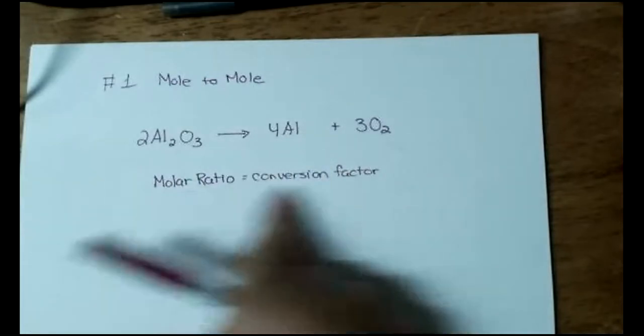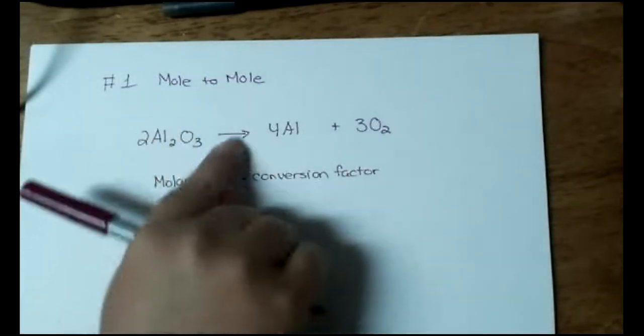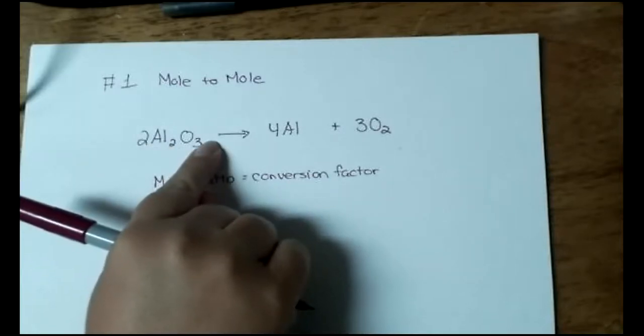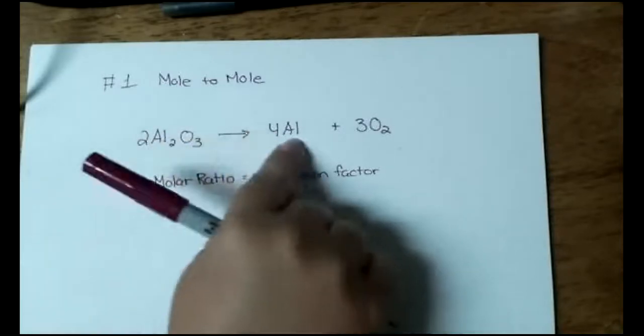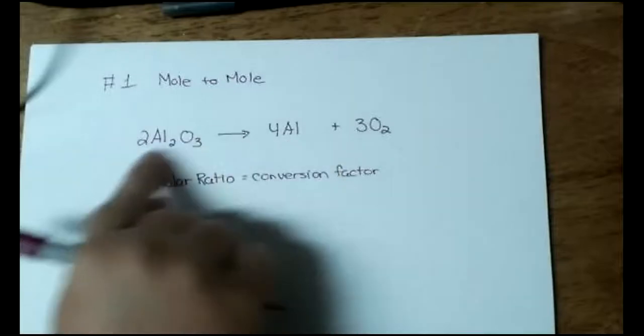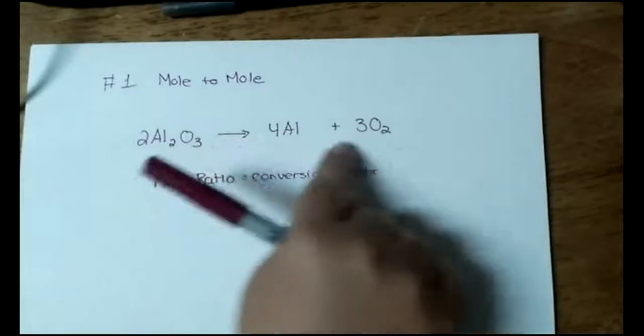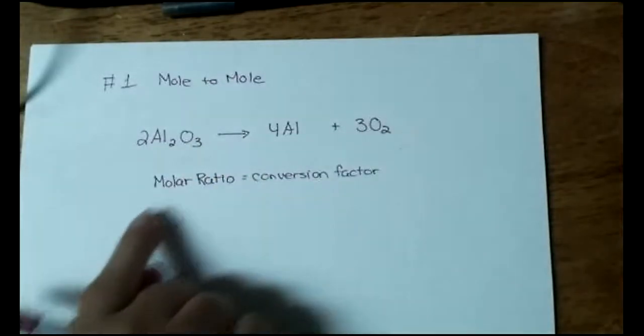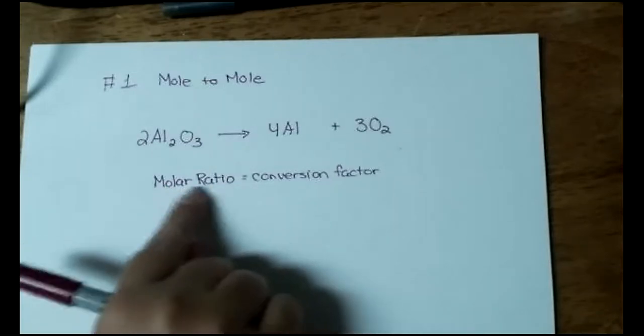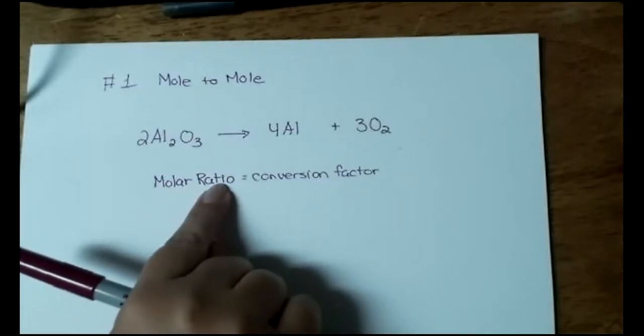We've never had to use a molar ratio because we've always just dealt with one substance when we were doing conversions. But now we're going to compare two different substances or three different substances to one another. And so to do that, we have to bridge the gap with what's called the molar ratio.